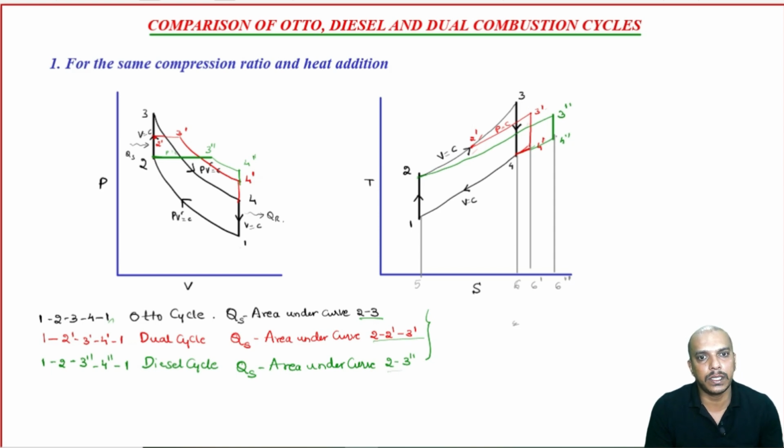So, we have moved it to the right side. If we calculate this area and this area remains the same, the excess area which is there in the Otto cycle is compensated in this right side portion. All right. Now, let us go for a comparison of efficiencies of the cycles for the same compression ratio and heat addition.